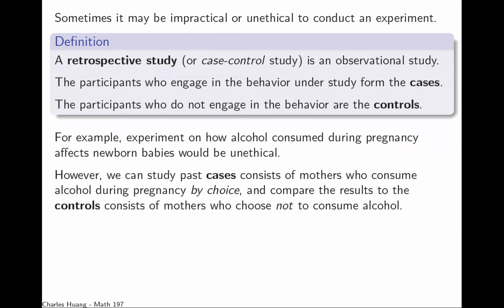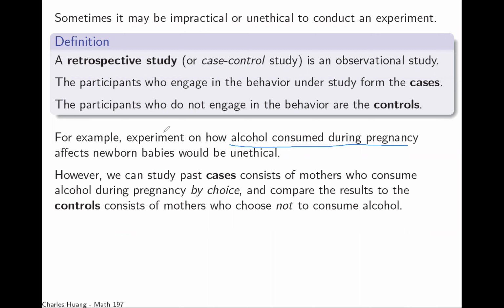There are experiments where it's not practical or unethical to actually do one. For example, we could want to study how alcohol consumed during pregnancy affects newborns. Our hypothesis might be that alcohol during pregnancy could cause deformity, could cause mental illness in these babies.